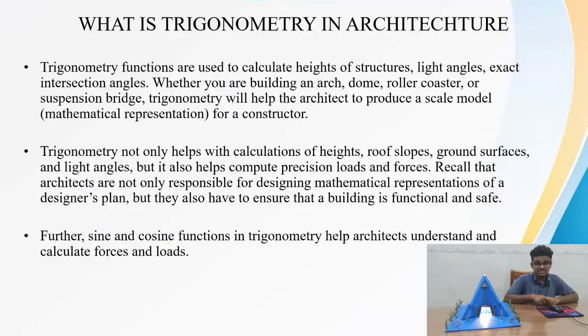Further, sine, cosine and tangent functions in trigonometry help architects understand and calculate the force and loads. So trigonometry has helped us to produce a good and very beautiful prototype in this project.